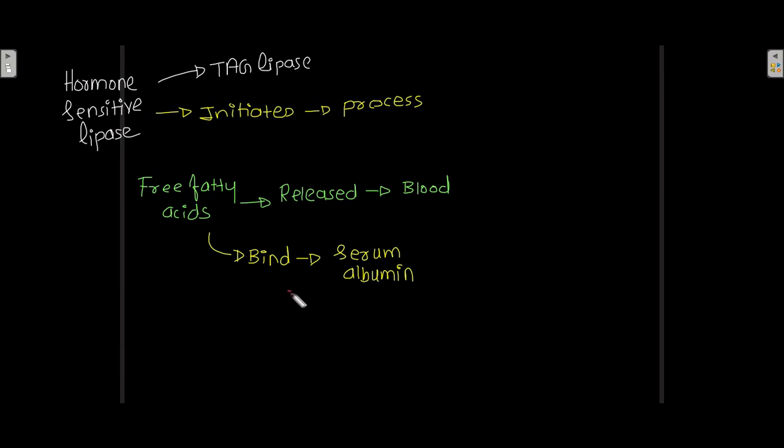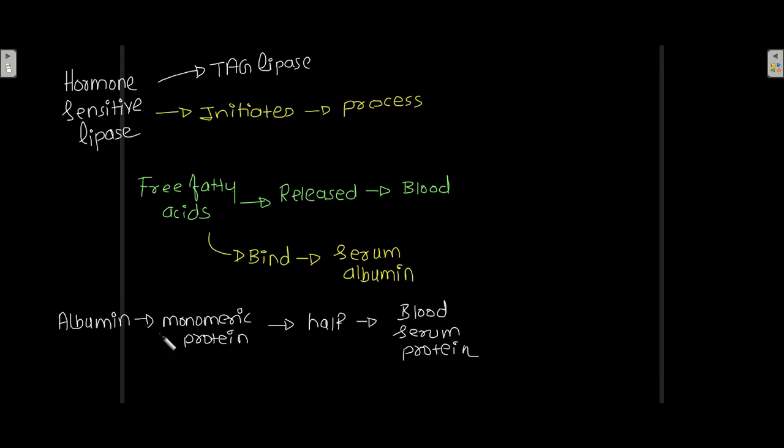And in blood, the free fatty acid binds to the serum albumin. Albumin is a monomeric protein to which the free fatty acid binds, and it contributes about half of the blood serum protein.